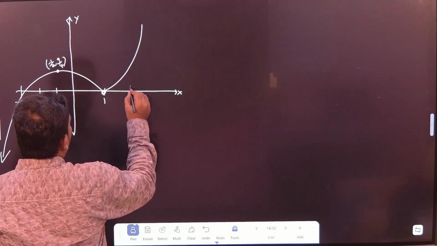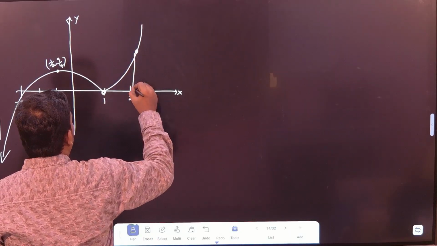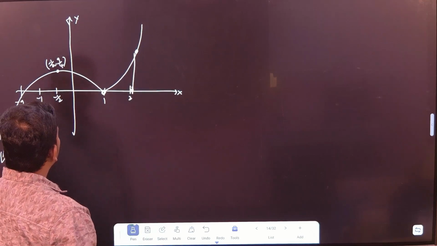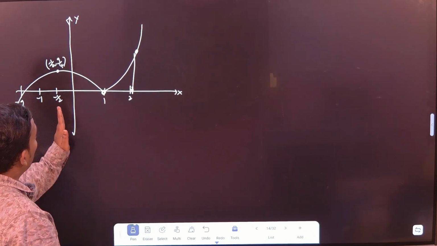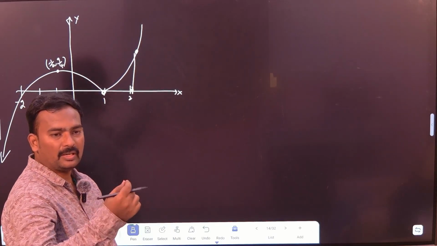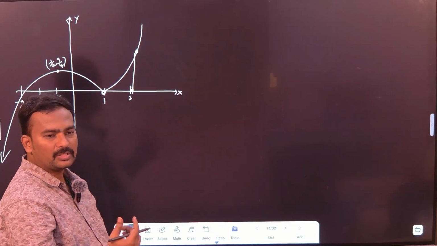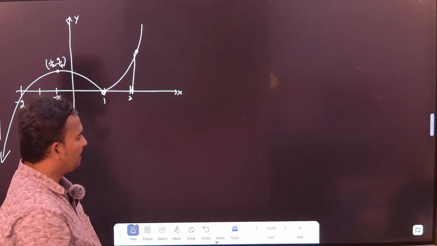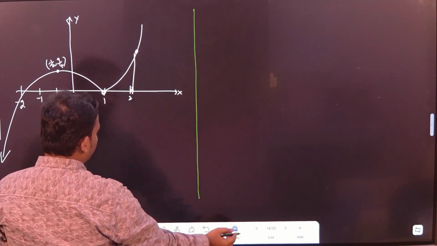So if you put 2 here, it will be 4. Like this. You can take. Understand? This is the graph: if less than 1, it is a downward parabola. If more than 1, this is an upward parabola. Because the leading coefficient here is positive, it is upward; where the leading coefficient is negative, it is downwards. Clear? Okay. Let's do the next question.